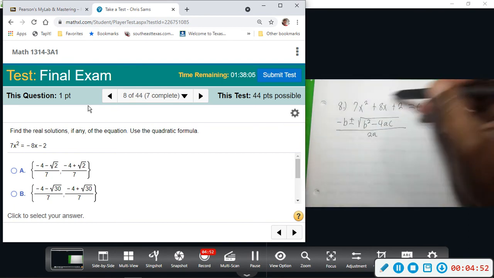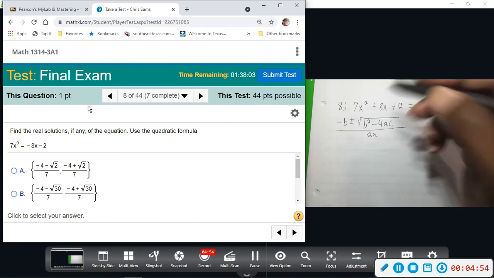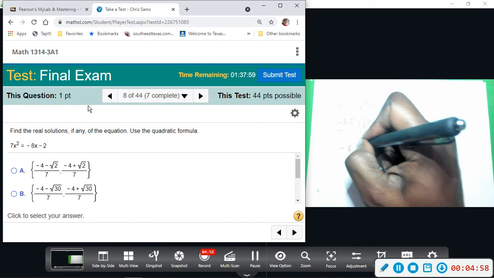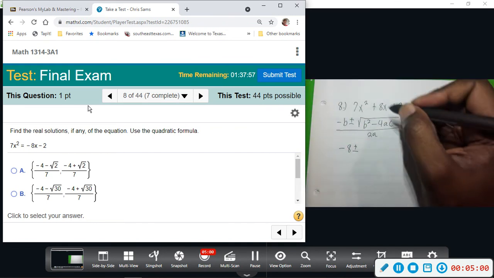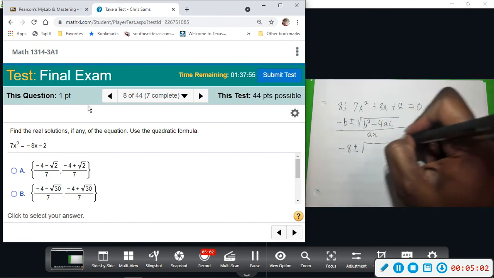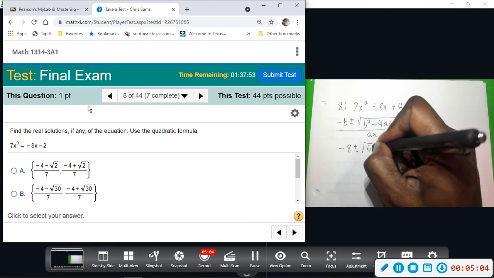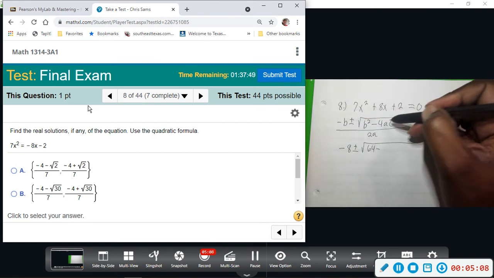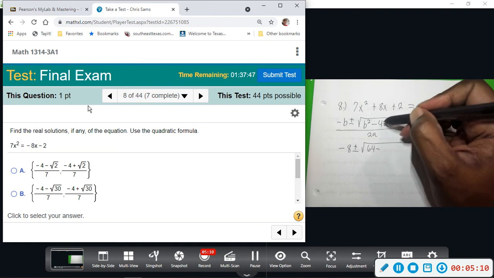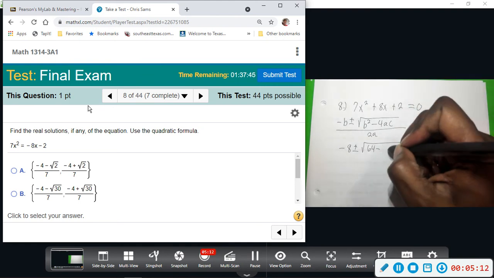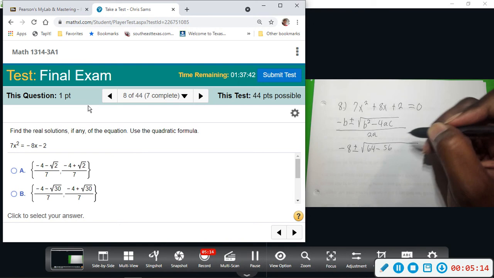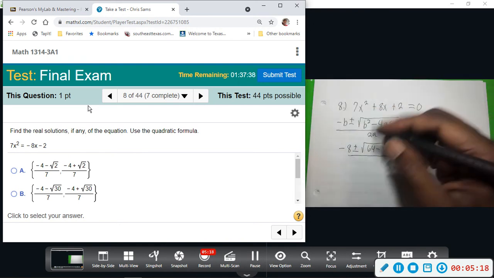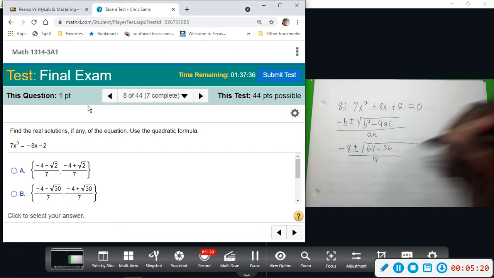So I'm going to start plugging in and simplifying what I can at the same time. So that'll give me a negative 8 plus or minus the square root, 8 squared will give us 64 minus 4 times a, which is 7, times c. 7 times 2 is 14, so minus 56, all over 2a. 2 times 7 will give us 14.